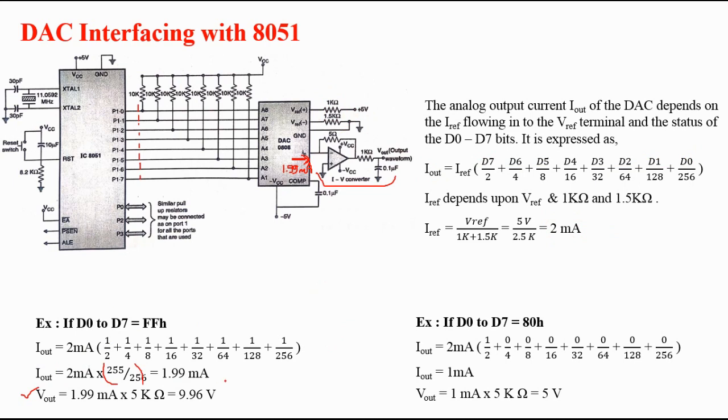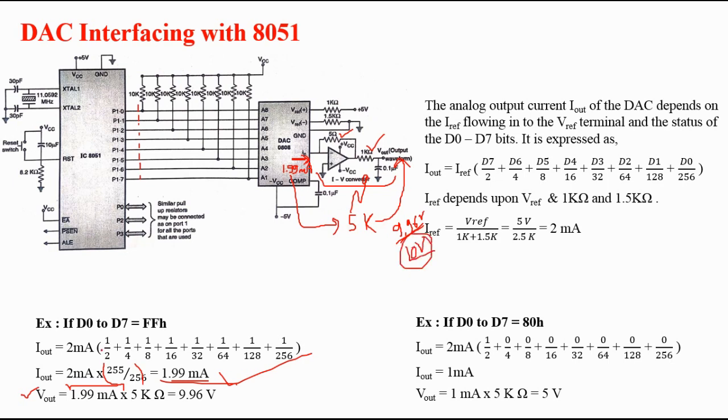Once we get 1.99 milliampere, we will multiply it with this circuit resistance. This 5 ohm and 1 kilo ohm will give you 5 kilo ohm. So multiply this 1.99 with this 5, and you will get the voltage at this place, which is equal to 9.96 volt. It means it is going up to 9.96 volt, approximately 10 volt.